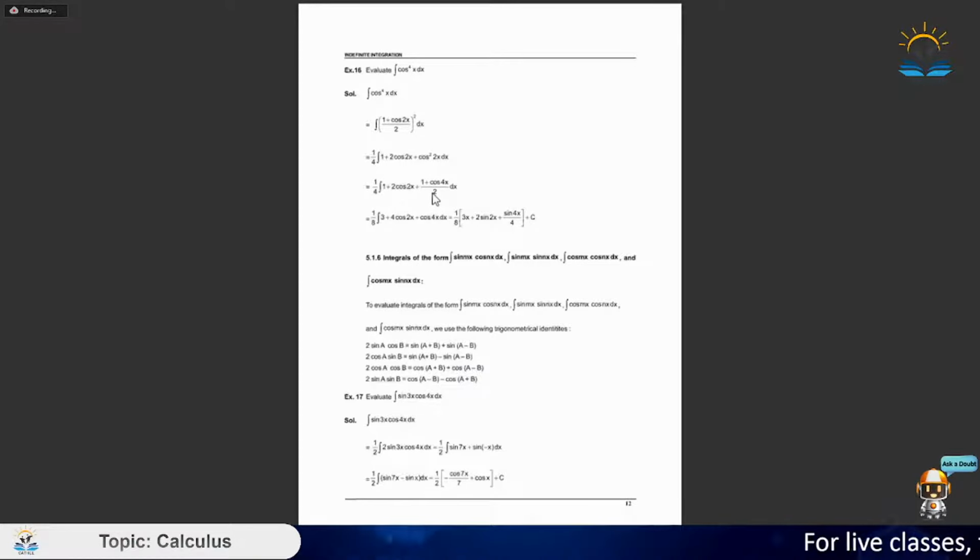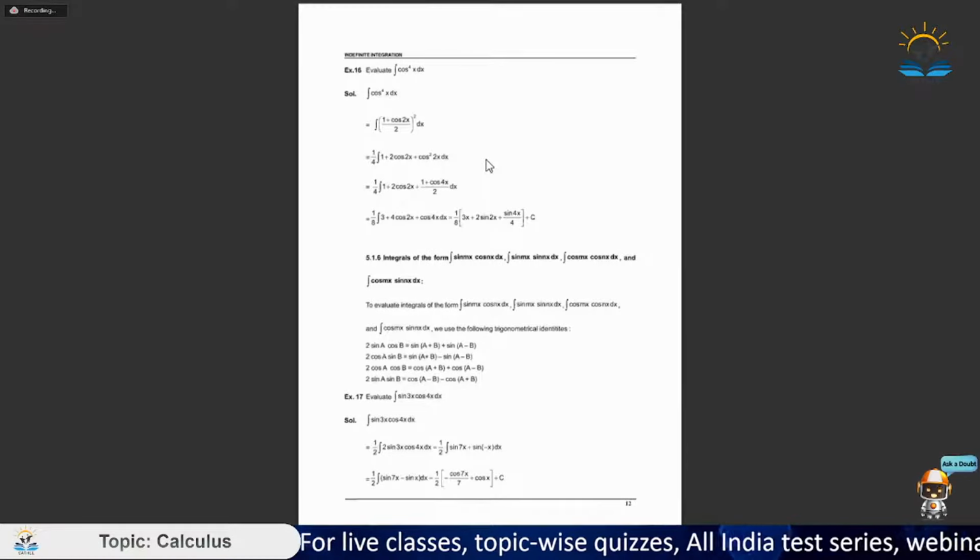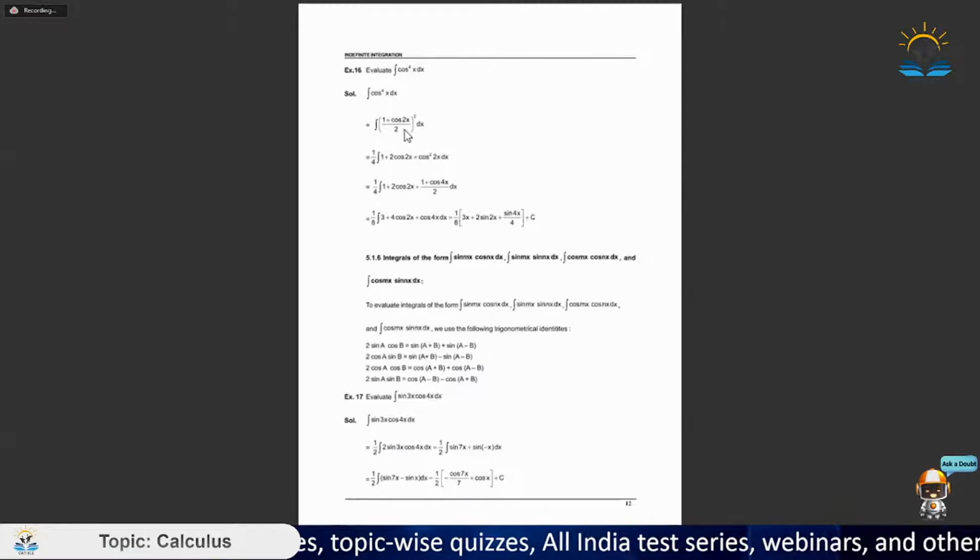So when you get powers of m greater than 4, in the form sin x to the power m or cos x to the power m, at that time you may require to substitute two times. Here we have substituted it once, and here we have substituted a second time.